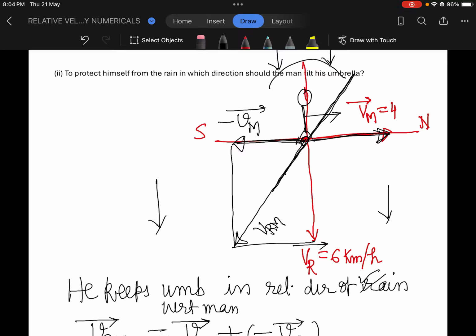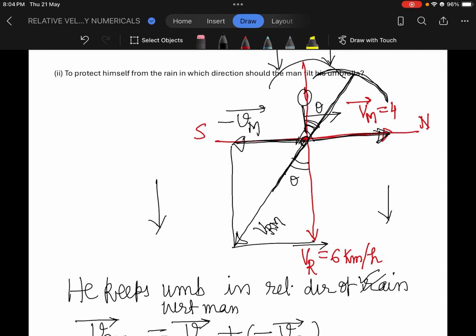When the rod of the umbrella is in this direction, the umbrella will be this. So you have to find by how much angle from the vertical he should tilt the umbrella. This theta you have to find. Now this is theta, therefore this angle is also theta.